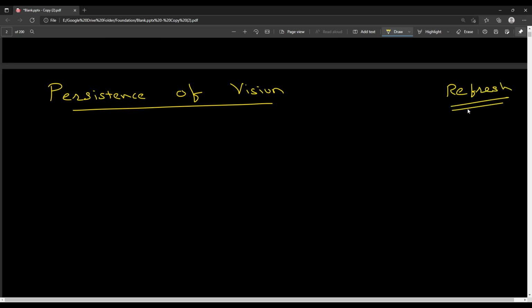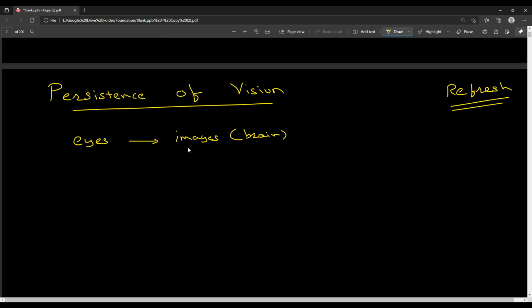Now what happens is, when we see through our eyes, suppose we see a dog or a cow, its image is created in our brain. Through our eyes, we are creating images in our brain. The problem is that there is a certain period for which these images stay in your brain.